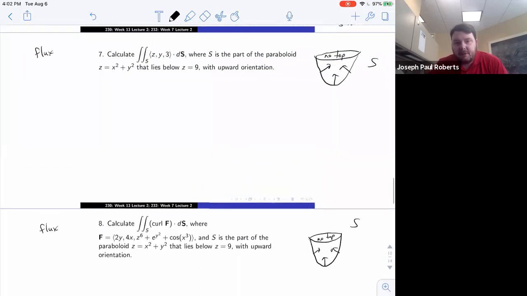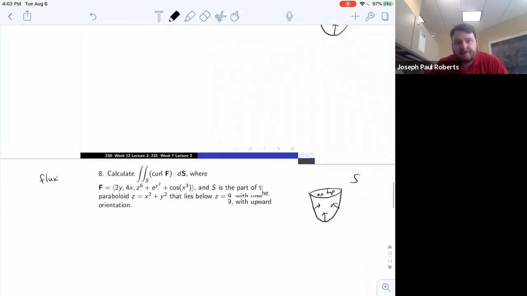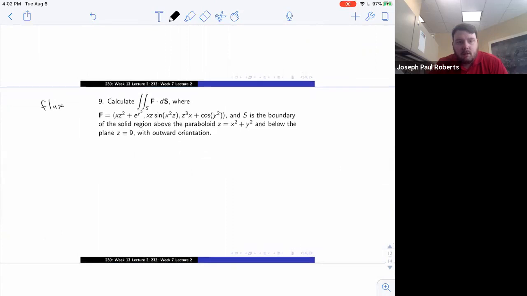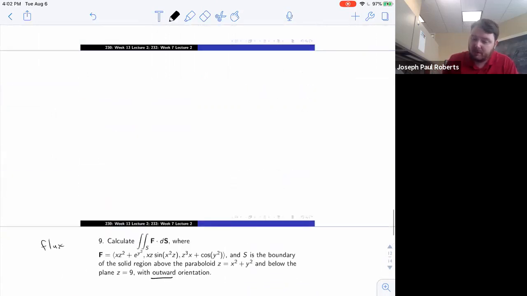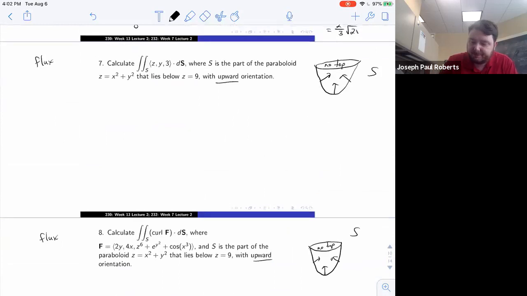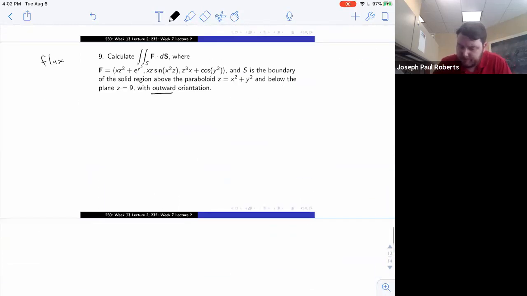So let's then contrast that with 9. S is the boundary of the solid region above the paraboloid and below the plane with outward orientation. So you've got to pay attention to all these little words. S is the boundary of the solid region. So what are the points on the edge of the solid region? Well, you have the paraboloid points that are on the edge.